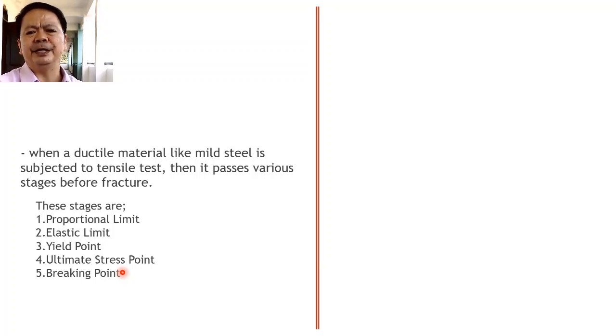And I have prepared here an animation para maunawaan natin kung paano ba i-construct itong stress-strain diagram at maunawaan natin yung different stages na kung saan ay dumaraan ang ating bars or body or object when that object is subjected to a stress. And here is our example.